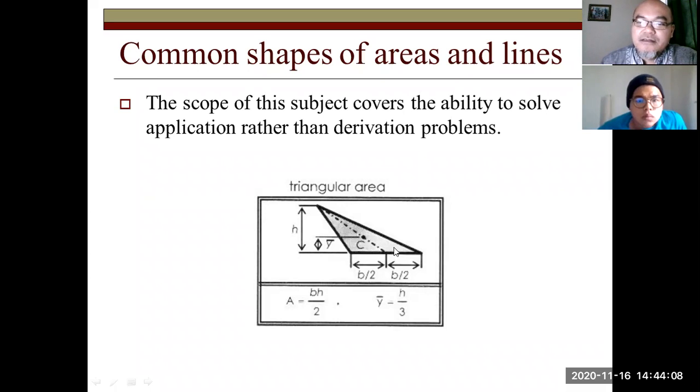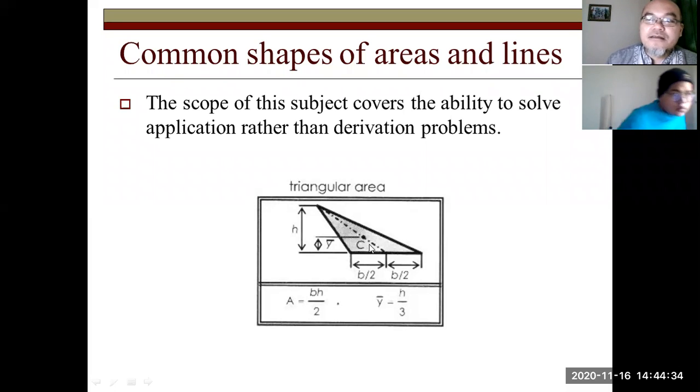Then the height from the bottom part is the height divided by 3, 1/3 of the height. That will be the centroid of a triangle. If it is homogeneous, then the center of gravity will also be at that centroid.